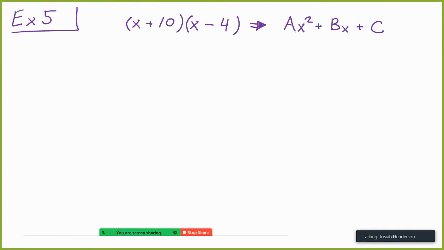It's going to be this format: some number times x squared plus another number times x plus a constant c. This is where our main focus is, and this is where I'm trying to get you all most comfortable: multiplying two binomials together and then getting some final answer that'll always look like this, much like example 4 did and number 3 did.